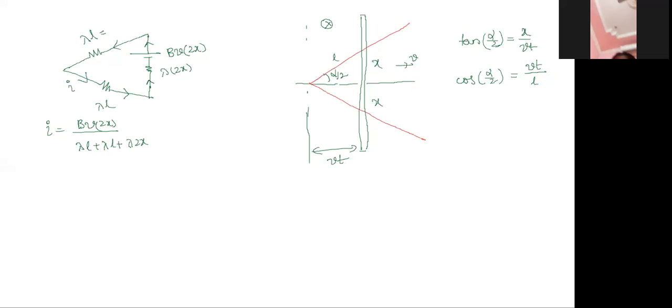P, into B omega R square. So this is equation 1, this is equation 2.